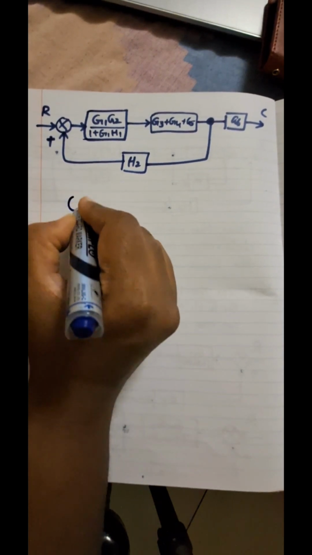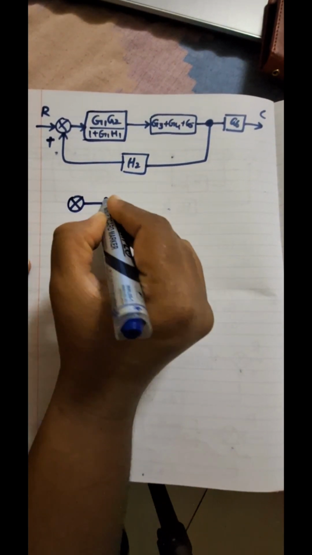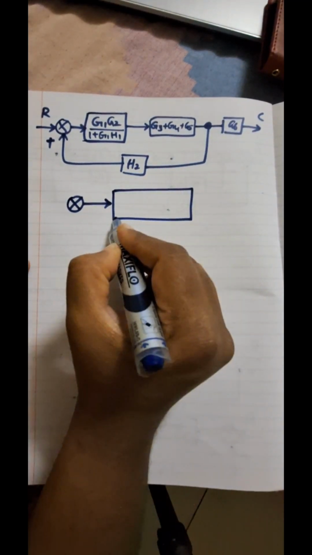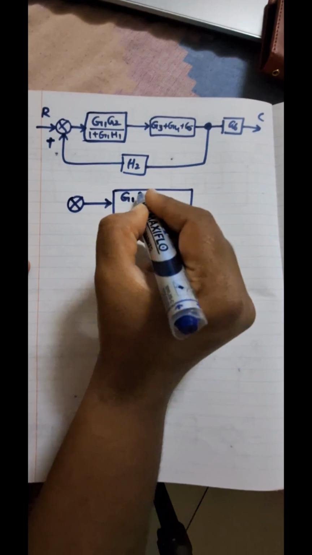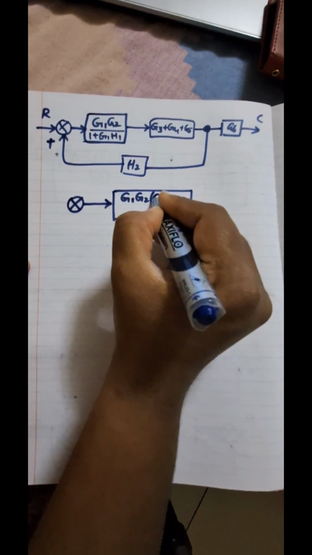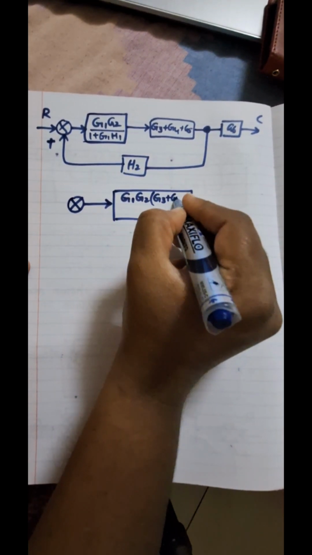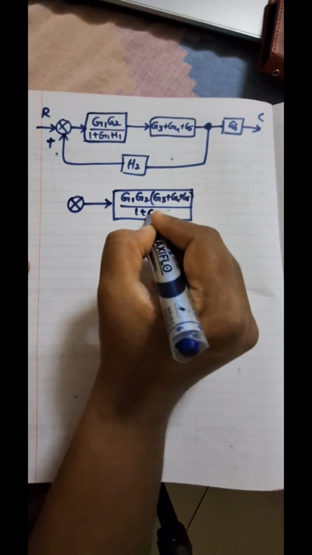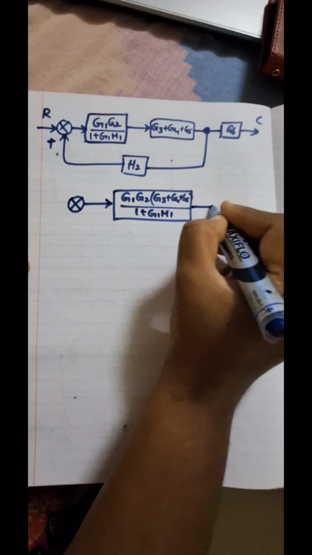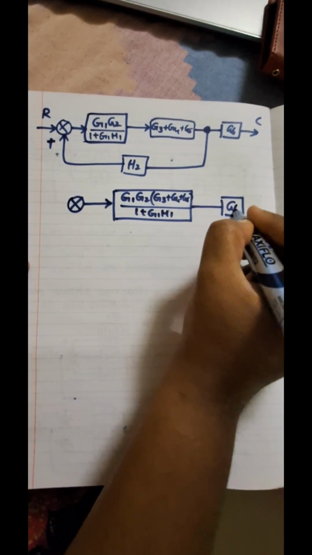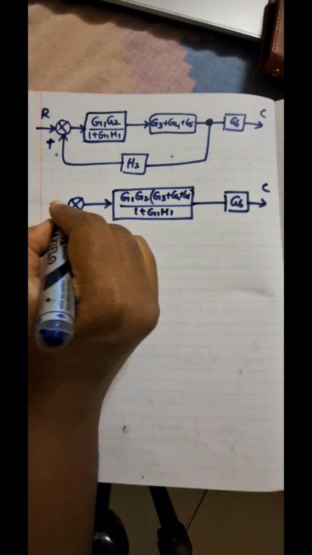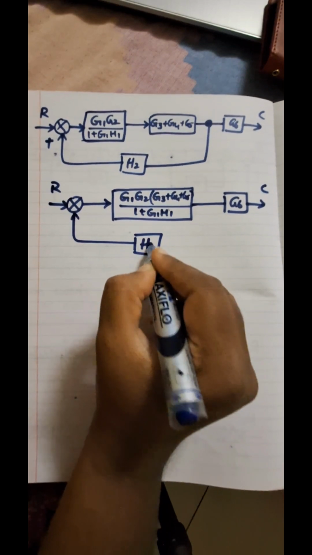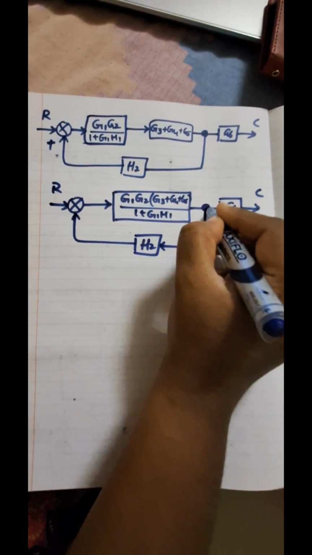After writing the statement, you should show the solution. So now these 2 blocks are reduced into a single block, G1 G2 into G3 plus G4 plus G5 divided by 1 plus G1 H1, having G6 with the C with the R with your feedback H2.